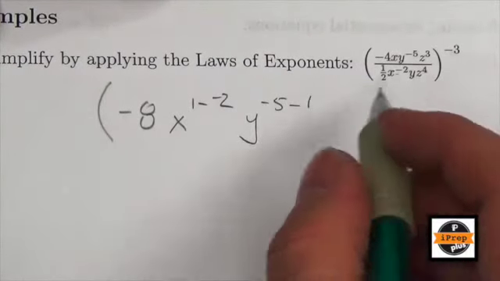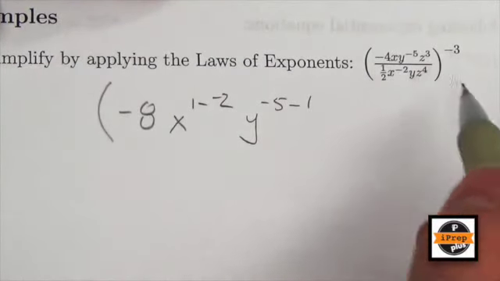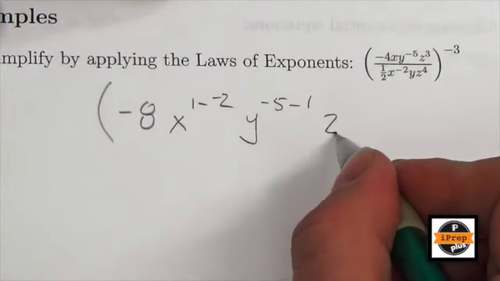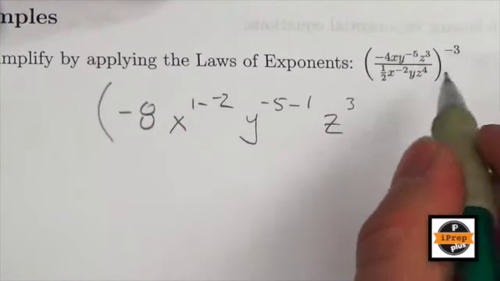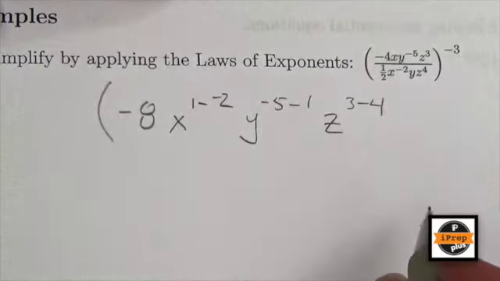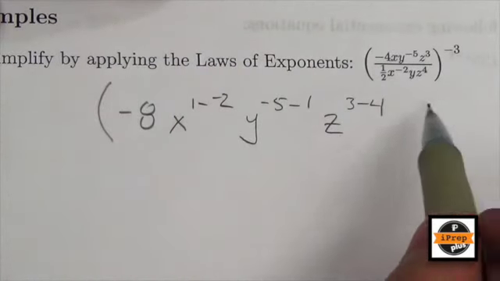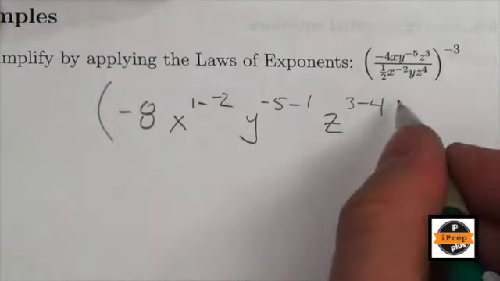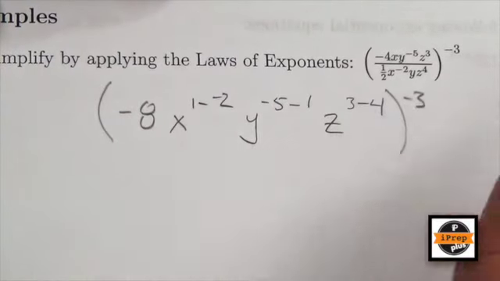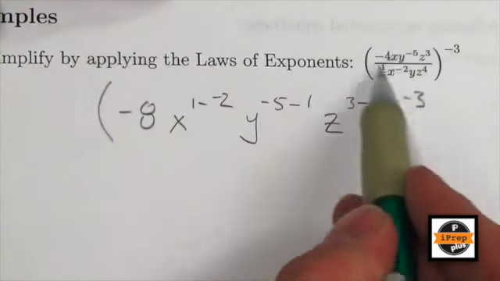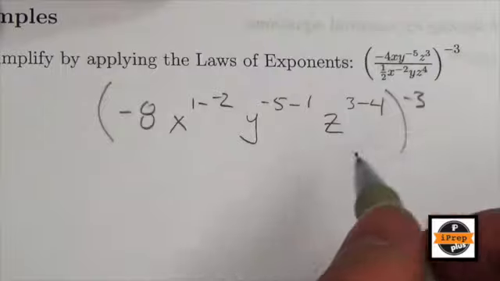And then I'm going to have z cubed over z to the 4, so that will be z to the 3 minus 4. And this will all be to the negative 3, but I'll deal with that later, because order of operations tells me to focus on what's inside the brackets first.